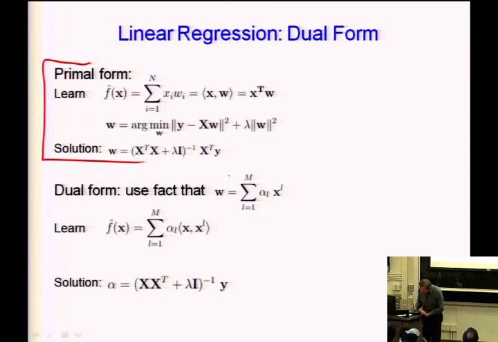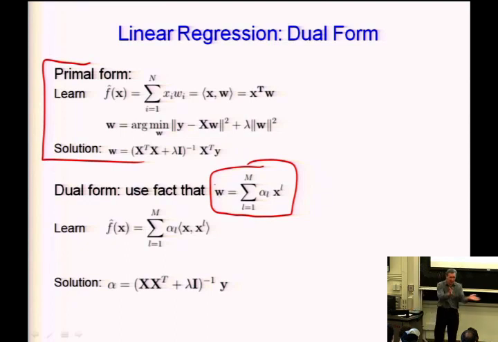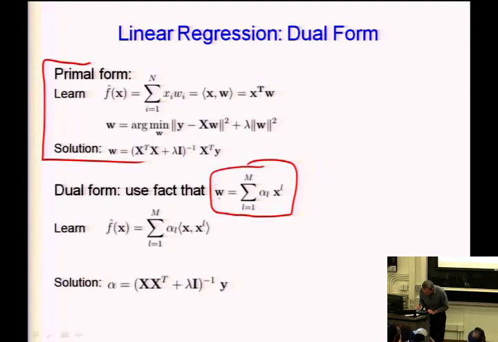We can use the fact that w lives in the space spanned by the training examples. What does that mean? Well, that just means, of course, that w can be represented as a weighted linear combination of those training examples. So let's write it down that way.